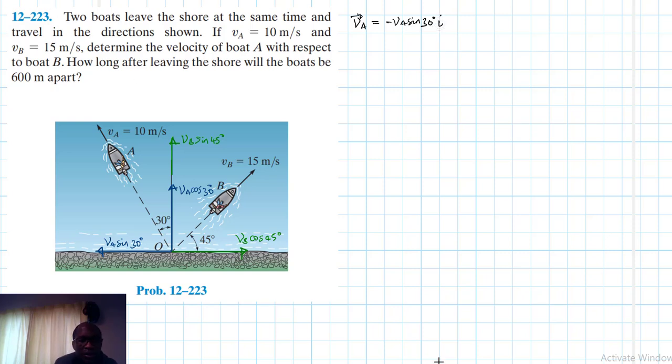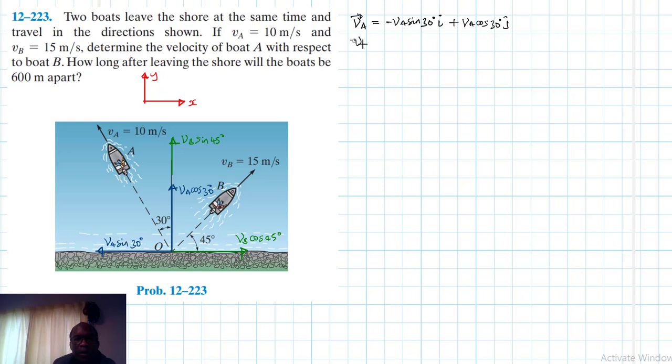Mind you, this is our positive coordinate. So this one here is X and this is Y, right? So this is i, then plus VA cos 30 j.